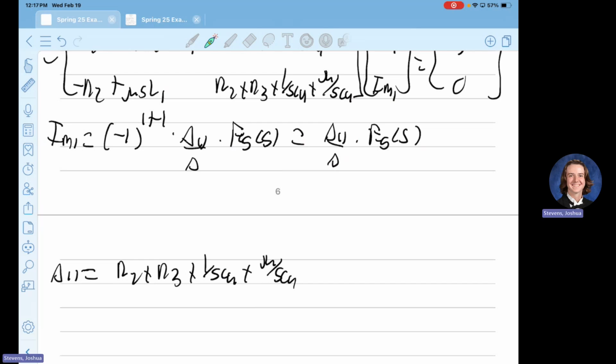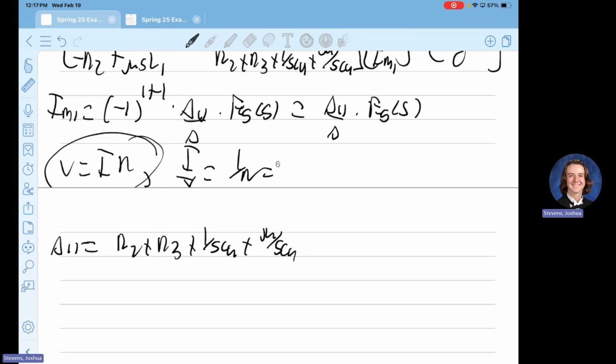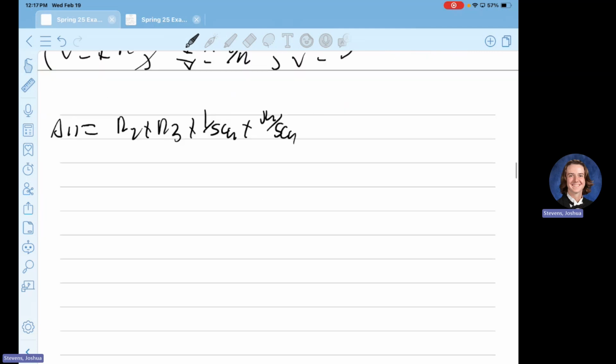Since V equals I R, I over V equals 1 over R. So I over V, I'm just going to call it Y. So we are finding our driving point admittance. That is very important because it tells you where your open circuit and short circuit natural frequencies are.